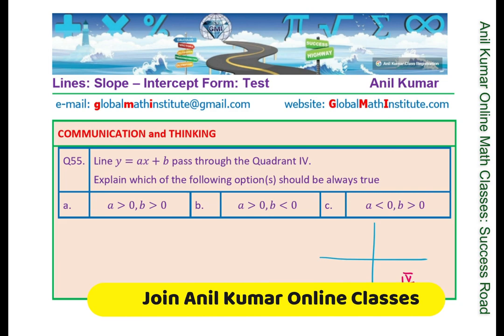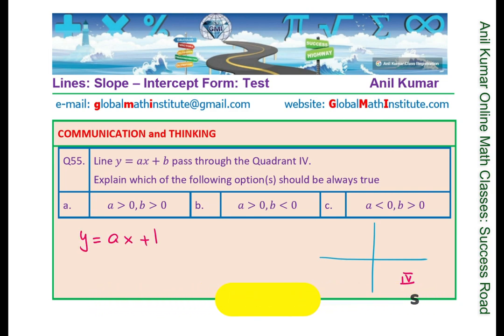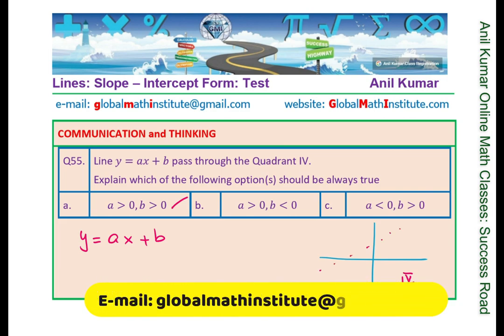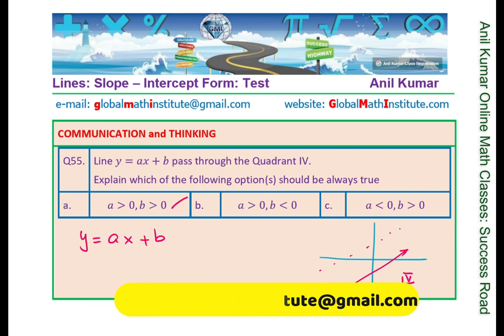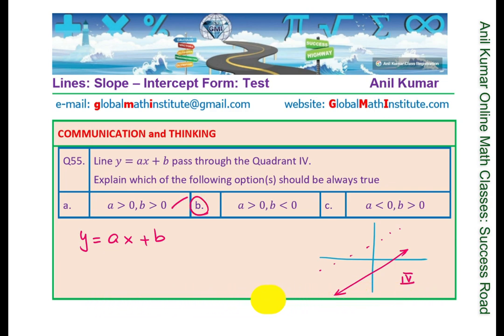If it is going through quadrant 4, let me write down the equation as y equals ax plus b. If both a and b are positive, this line will be kind of like that, right? So it doesn't pass through quadrant 4. You can see that, correct? But if a is positive, that means the slope is positive, and b is negative, then this line will definitely go through quadrant 4, and that should be the right option.